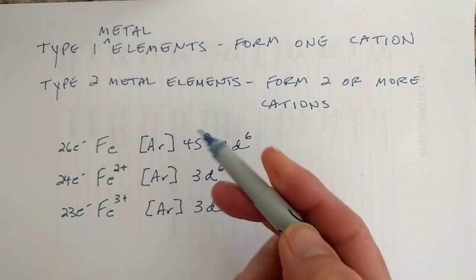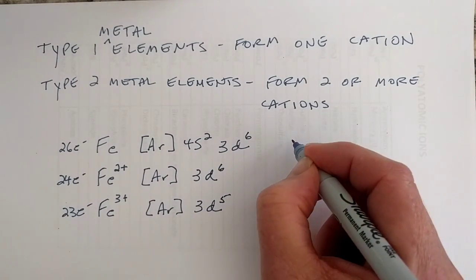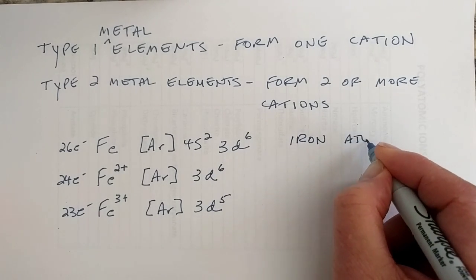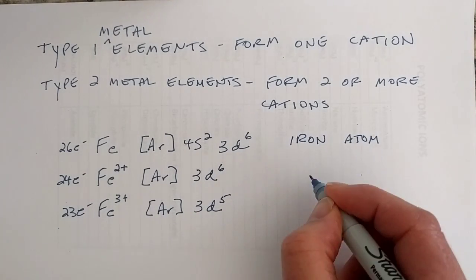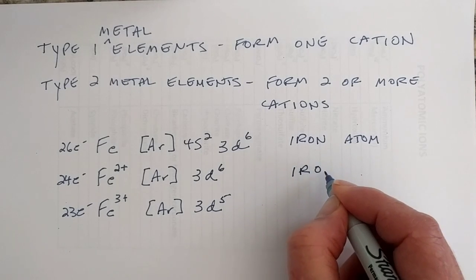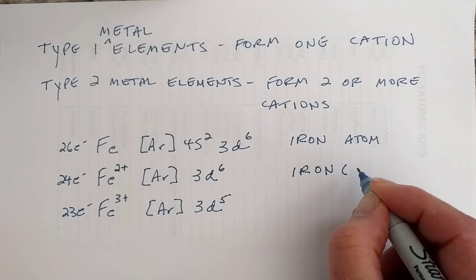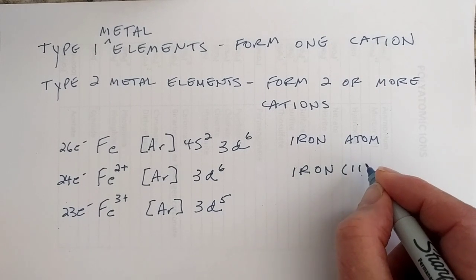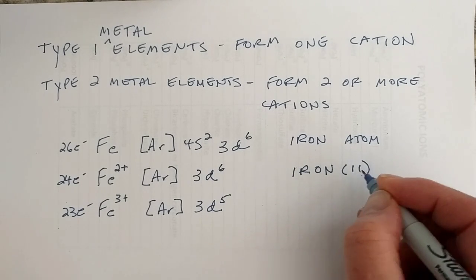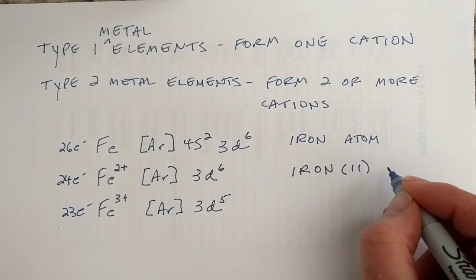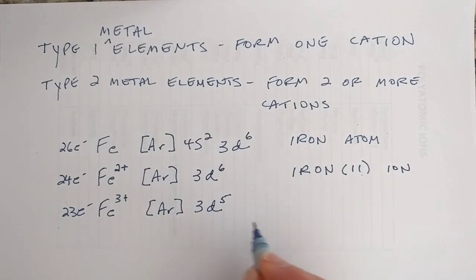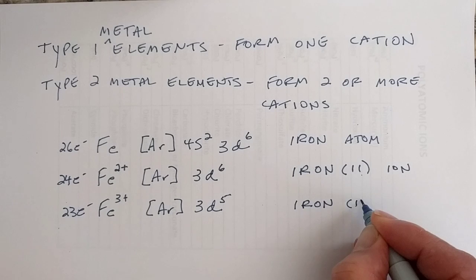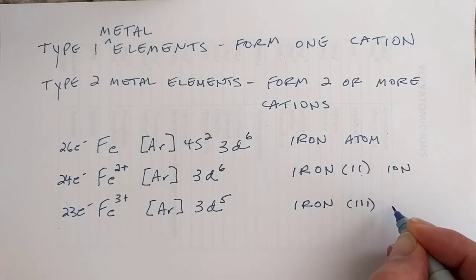This is a big difference when we have a difference in charge. So Fe is the iron atom. Fe2+, we say, is iron, and we put in parentheses and we indicate the charge with the Roman numeral. So this is iron(II) ion. And this one then is iron(III).